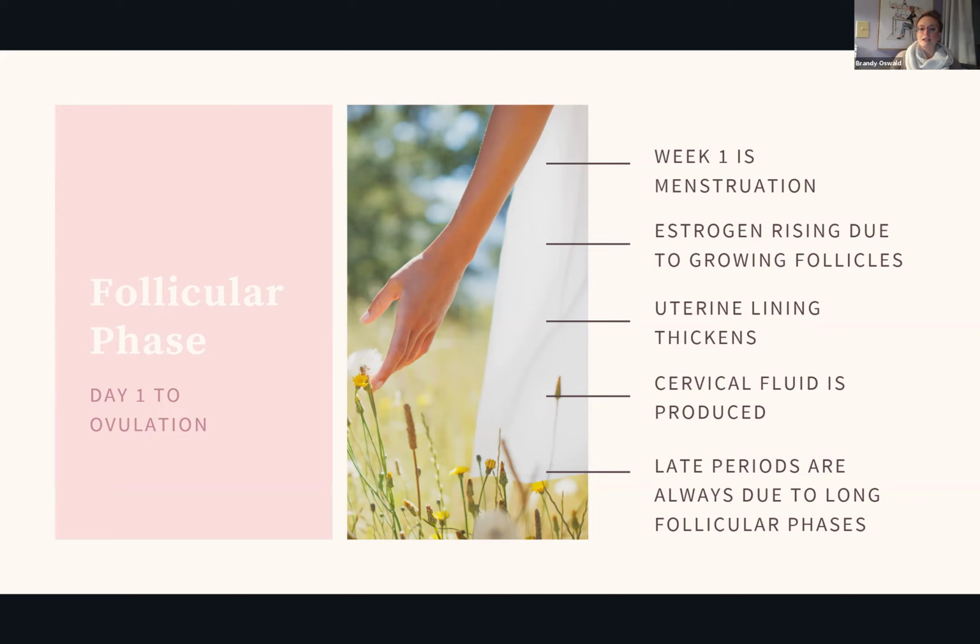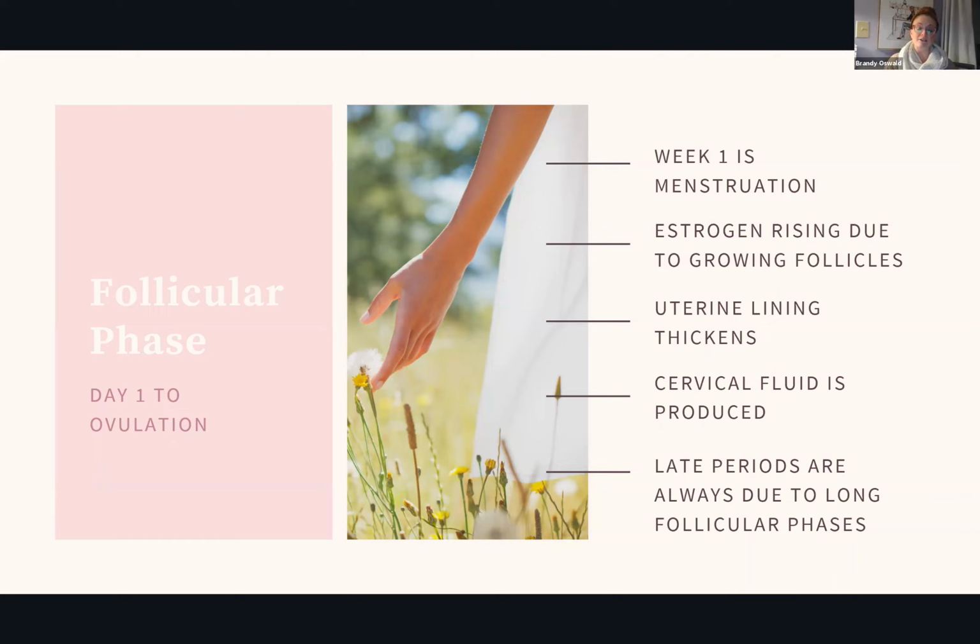And one thing to note is that a late period, so not a missing period, but a late period, one that comes later than you expected, is always, without exception, due to a long follicular phase. It is always due to ovulating later than you normally would have.